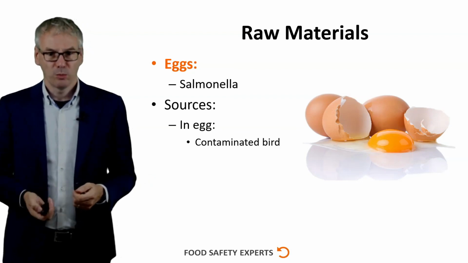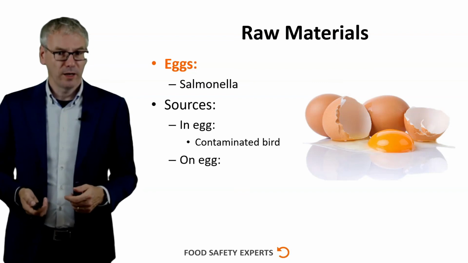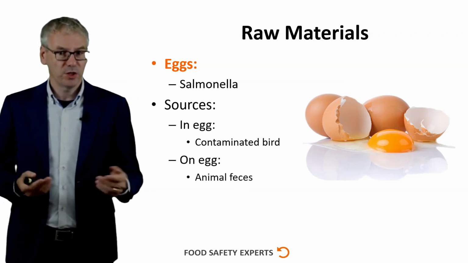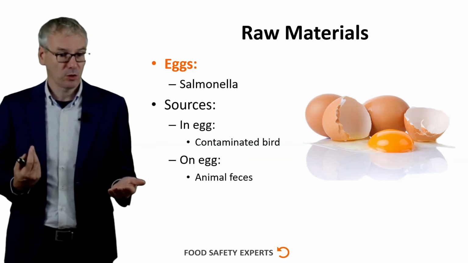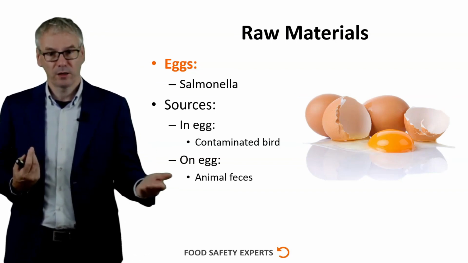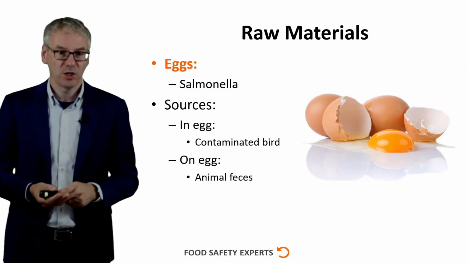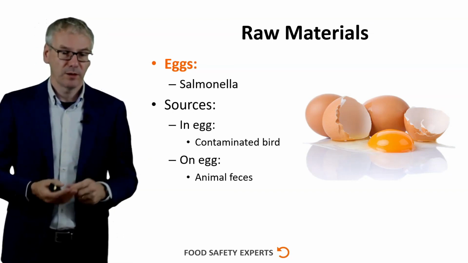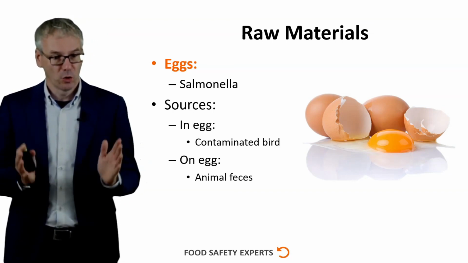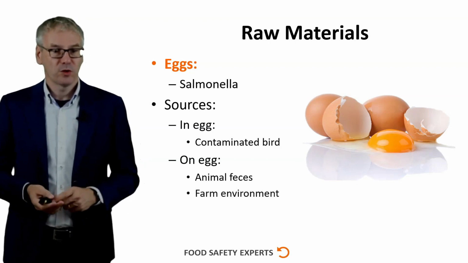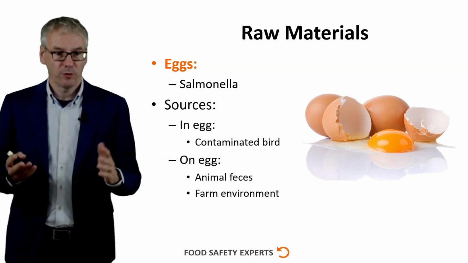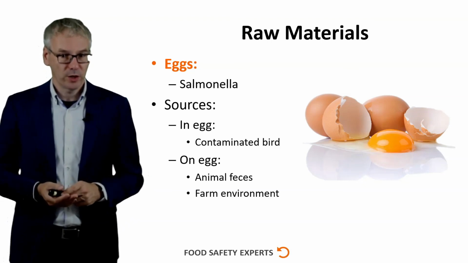It can also be on the egg, and that's through the animal feces route. So if there are contaminated chickens in the neighborhood and the egg comes in contact with their feces, then it might create an external contamination of the egg. And of course, the same thing holds true for the farm environment, which isn't always overly clean.